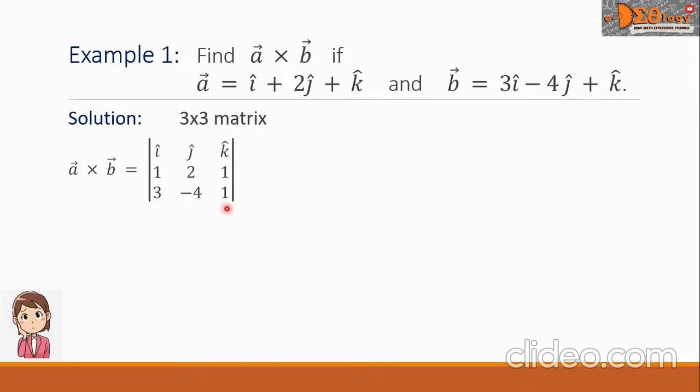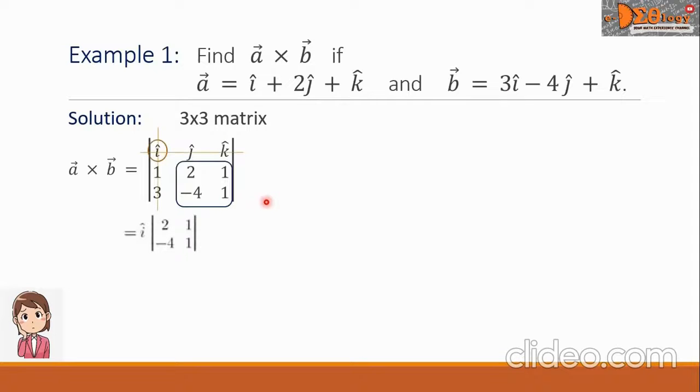In the first row we write i, j, k. The second row is for the coefficients of vector A, 1, 2, 1 respectively. The last row is for the coefficients of vector B, so we write 3, negative 4, and 1 respectively.